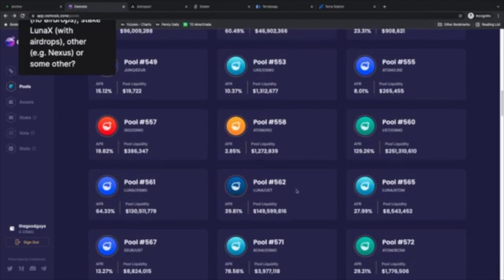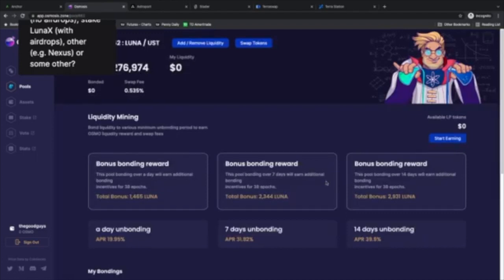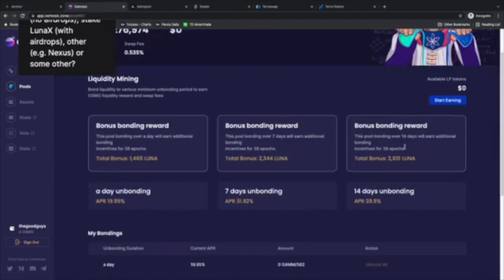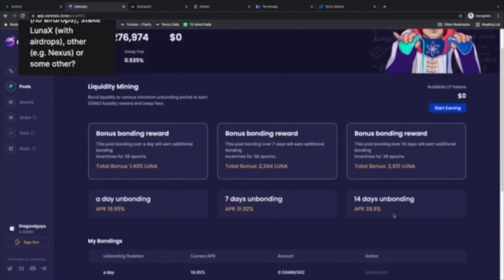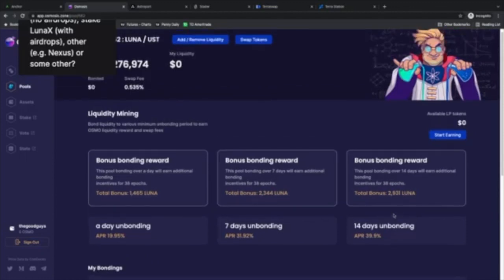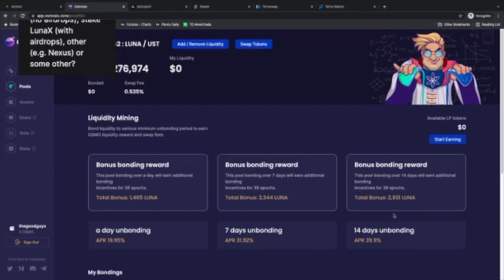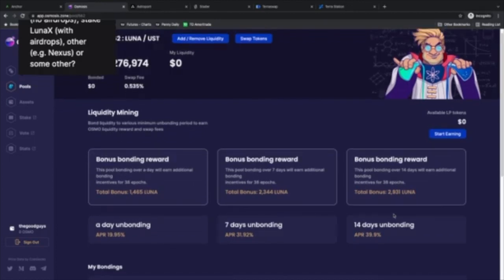But just understanding that you can use your UST, well, you're not really moving it. You can open up your Terra Station wallet essentially on Keplr, like you said, and then use that to participate on the Osmosis DEX, which is one of the main incentivized DEXs of the Cosmos ecosystem. It's very similar to what we looked at earlier, TerraSwap and Astroport.